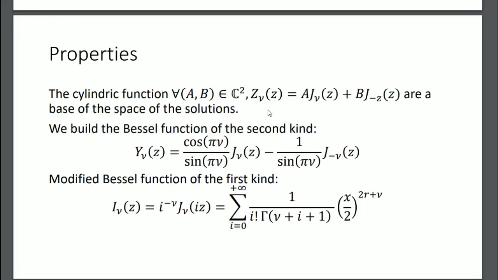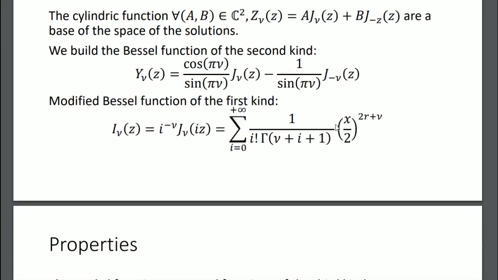It's a base, so you can always express it using the initial solutions. So now we can build other functions like the Bessel function of the second kind. So we have cos pi nu over sin pi nu times the first kind minus 1 over sin pi nu times J minus nu z. So it can be useful for using another base, so you can use this base.